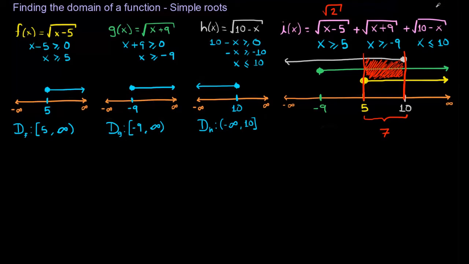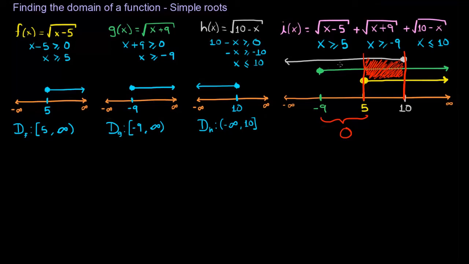So everything works out just fine as long as you pick any number in this interval from 5 to 10. But if you pick any number outside of this interval, you will get an imaginary number. Let's say you pick something simple, 0.